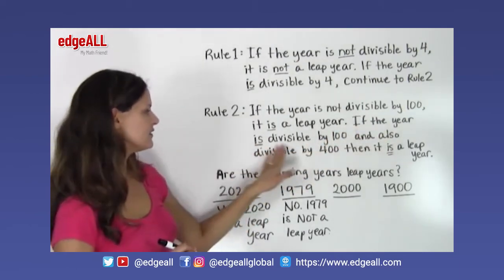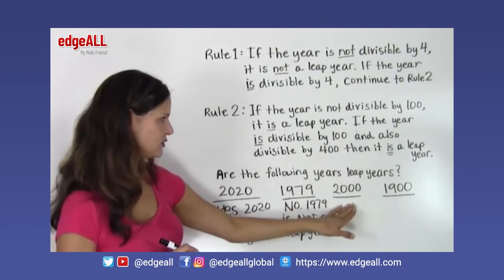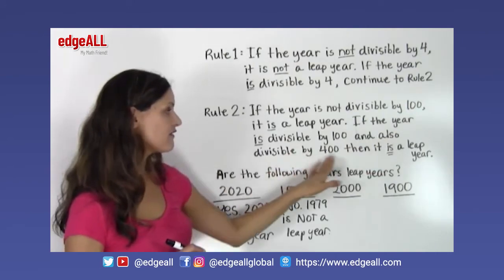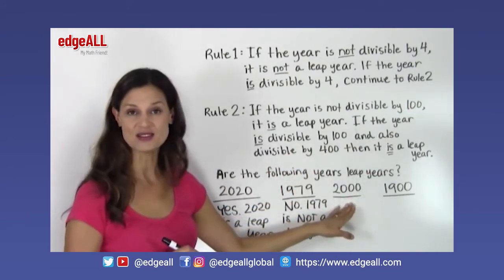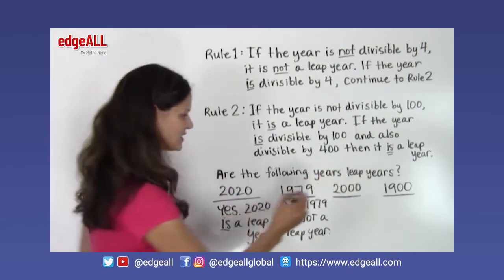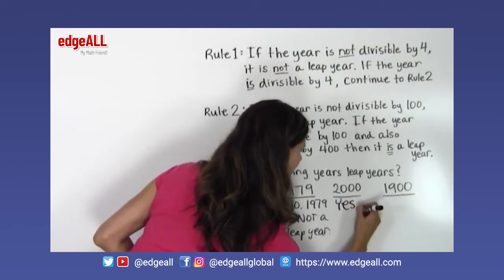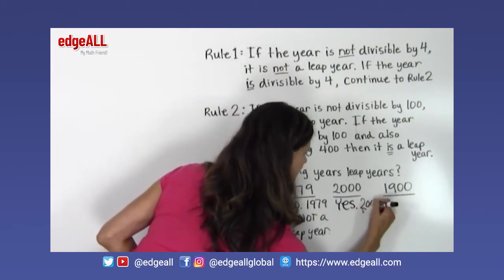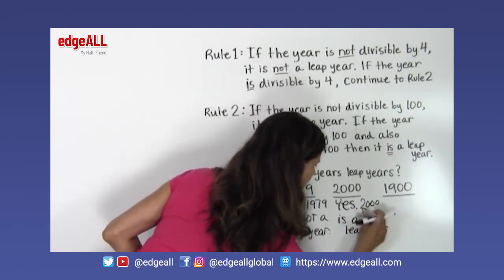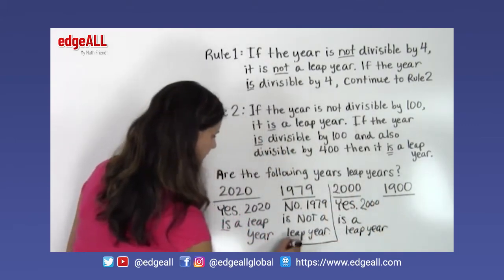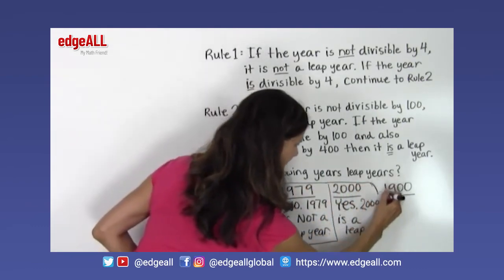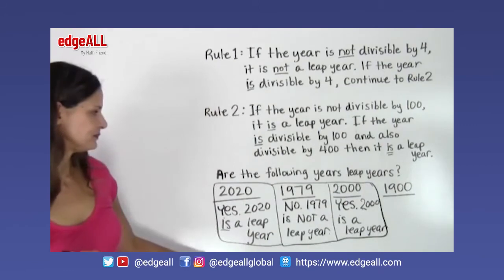If the year is divisible by 100, yes it is. 2000 is divisible by 100. And now we need to see, is it also divisible by 400? And yes, 2000 is also divisible by 400. Then it is a leap year. So we're saying yes to this 2000. The year 2000 was, in the past tense, a leap year.